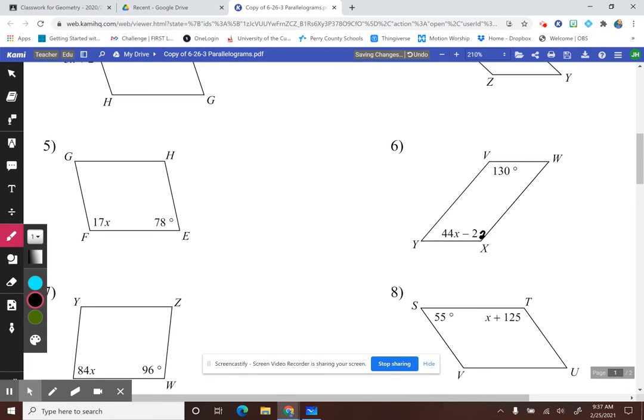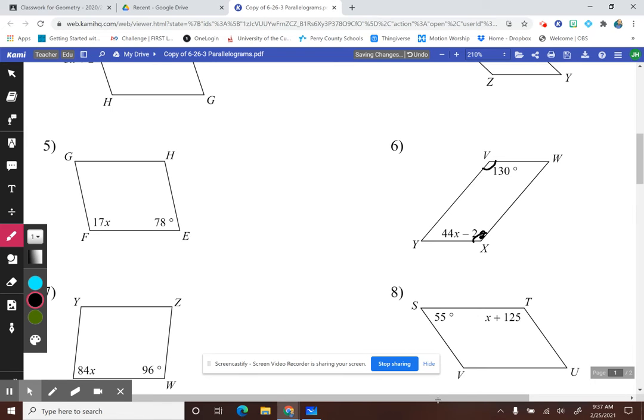So what I want you to realize is this angle here is actually opposite this angle here. Here's another way that you can see this, okay? Notice that this is an obtuse angle, and I also have an obtuse angle here. So because I have 2 obtuse angles, those angles are opposite each other, and that means that they are congruent.